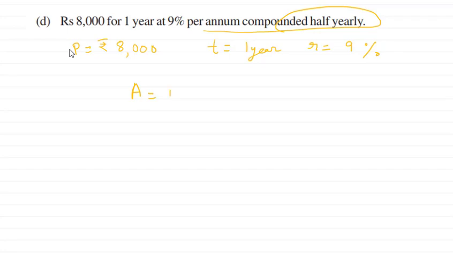So your A will be P into 1 plus R by 200 to the power n into 2. So time will be double and rate will be half. Either you can do it that way, or directly you can modify the formula in the case of half yearly.